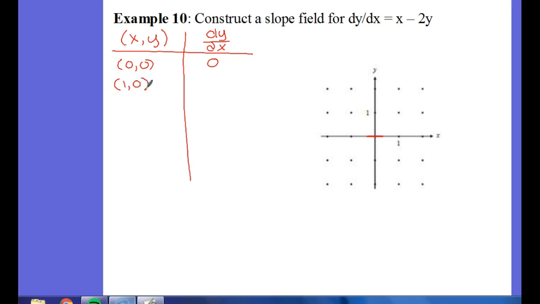When x is 1 and y is 0, the y term zeroes out, so you get 1. Similarly (2, 0) gives 2, so it's just a little steeper. If you went the other way and did (-1, 0), it's going to go down, and (-2, 0) will be slightly steeper and down.